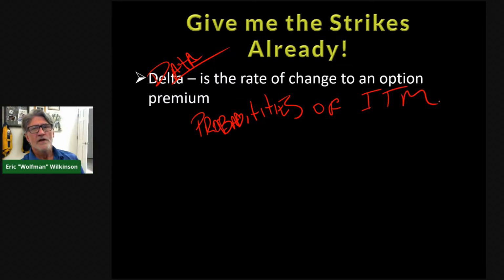All right. So if it's a 16 delta, that means at expiration, the life of this option is going to be done, that option has a 16% chance of being in the money by 1 penny. A 36 delta, that strike has a 36% chance of being 1 penny in the money.